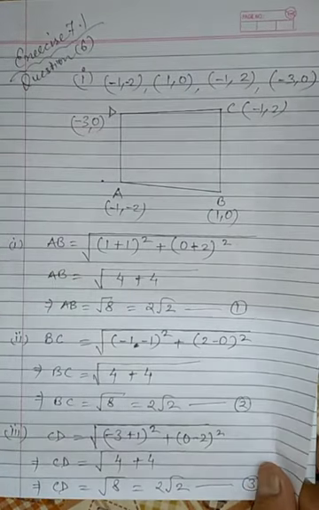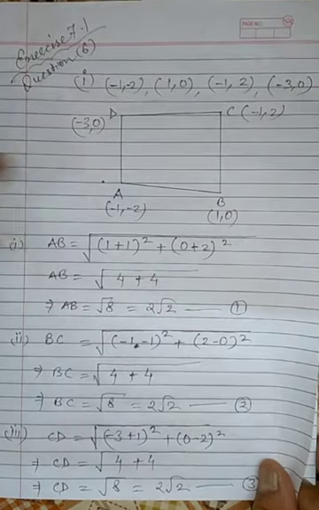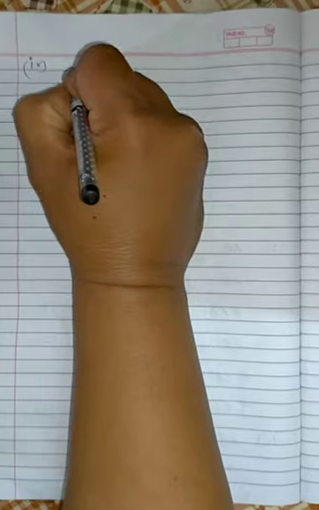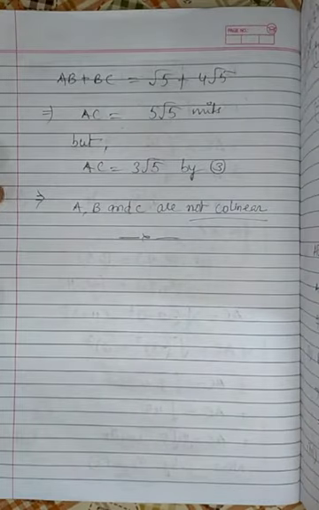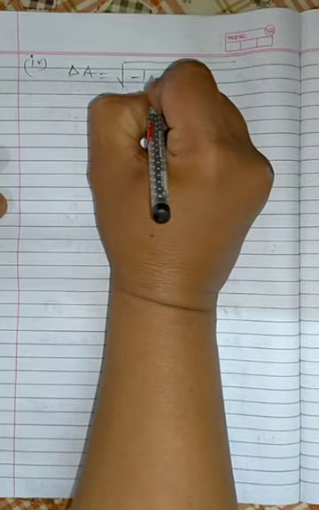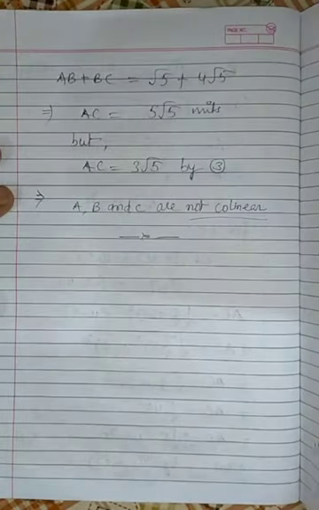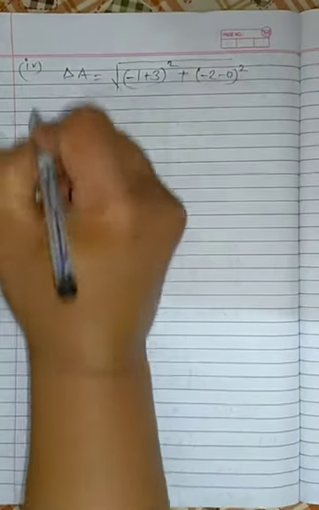Now let's find out DA. Considering this one as (x1, y1) and this one as (x2, y2), DA is equal to under root (x2 minus x1, that is -1 minus -3, meaning plus 3) whole square plus (-2 minus 0) whole square.